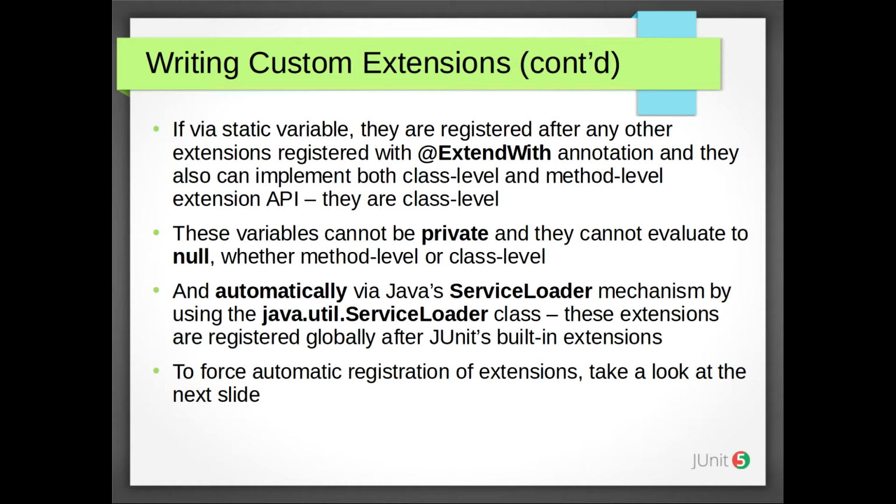If via static variable, they are registered after any other extensions registered with @ExtendWith annotation. And they also can implement both class level and method level extension API. They are class level. These variables cannot be private and they cannot evaluate to null, whether method level or class level.